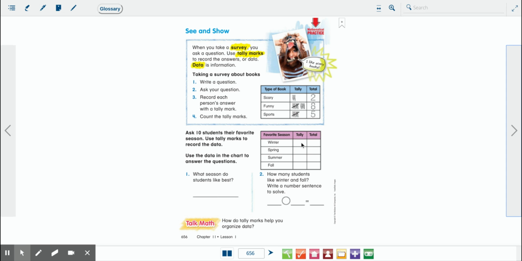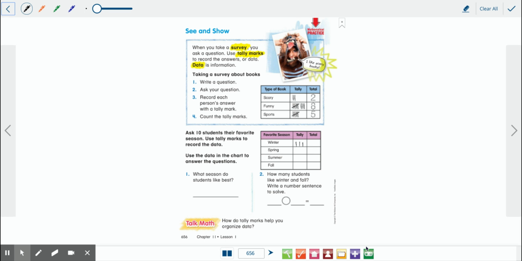Let's say we have 3 votes for winter. So I'm going to make 3 tally marks. 1, 2, 3.